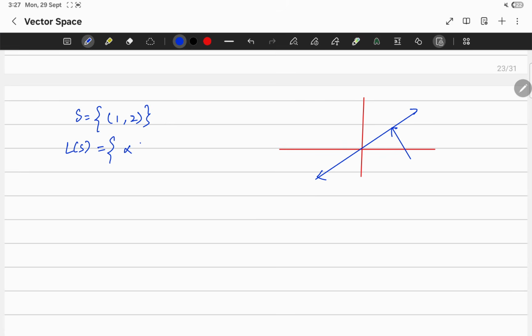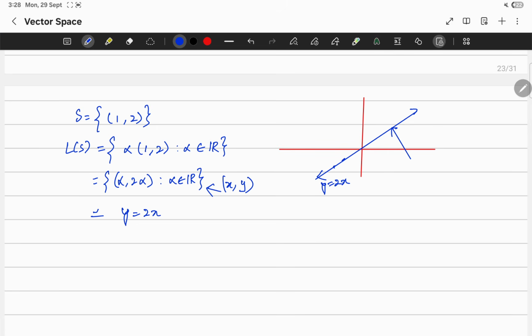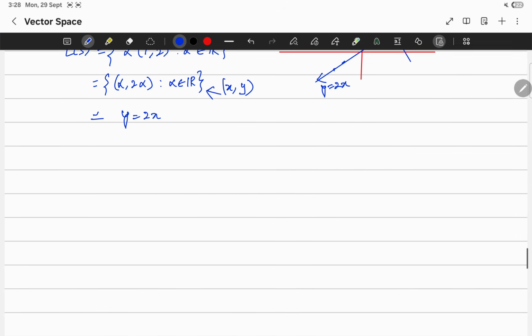That will be alpha times (1, 2), where alpha is any real number, so it will give you (alpha, 2 alpha), where alpha belongs to R. So it is the same as y equal to 2x, isn't it? If you have the coordinates (x, y), it is the same line y equal to 2x. So any vector on this line can be written as a linear combination of this vector (1, 2).